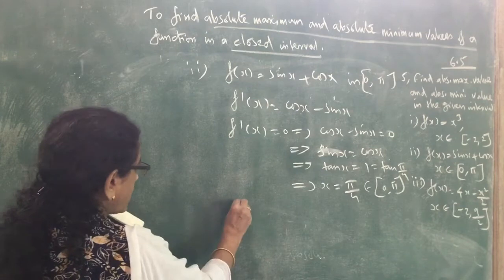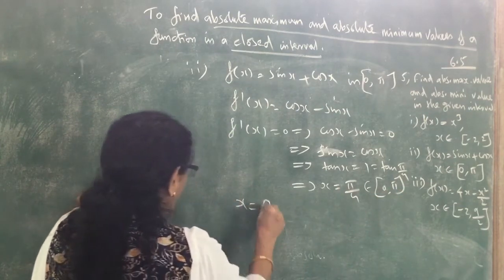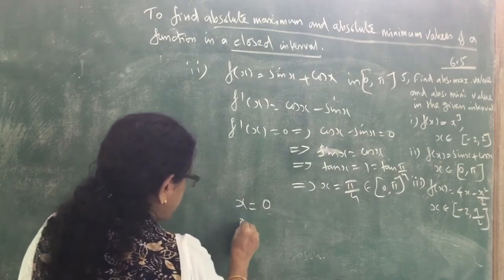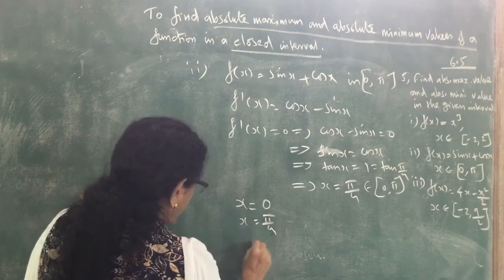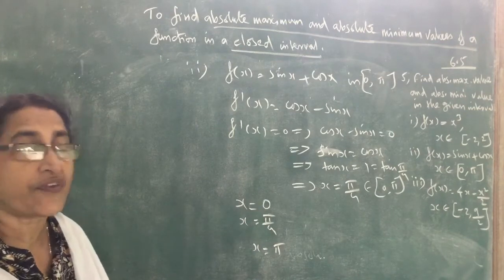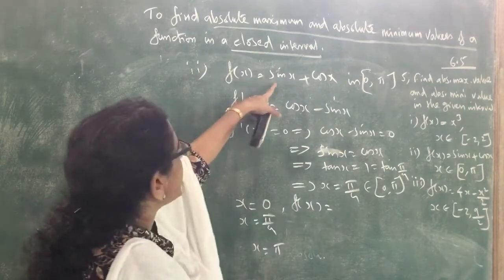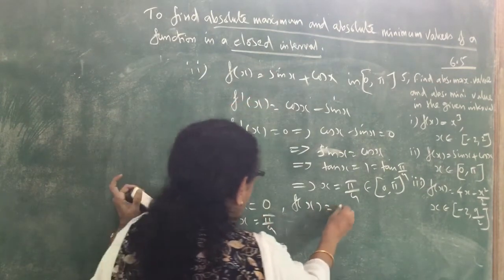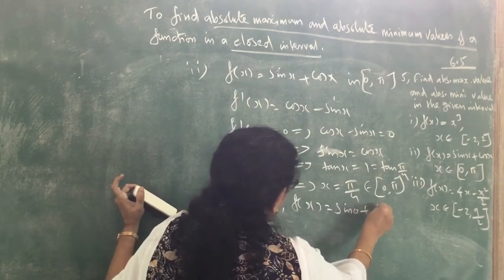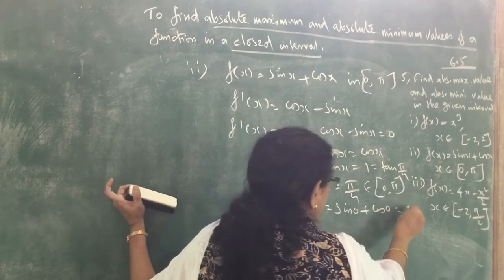So the points are x = 0, the endpoint, then x = pi/4, then x = pi. At these points you have to find the value of f(x). When x = 0, f(x) = sin x + cos x = sin 0 + cos 0 = 0 + 1 = 1.